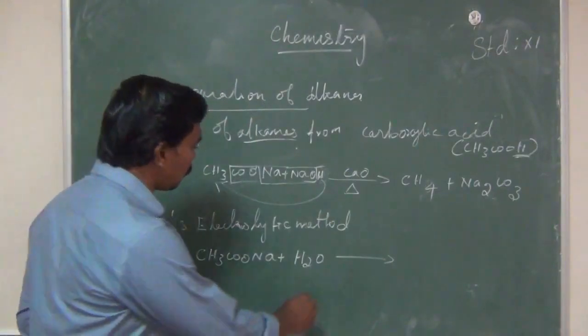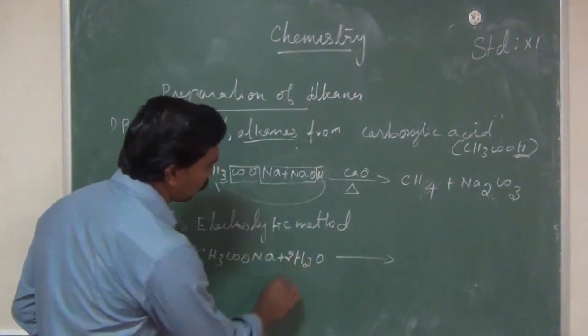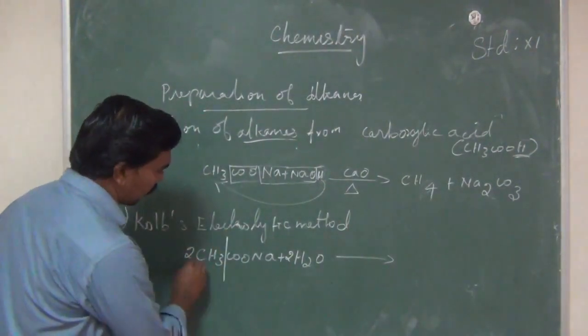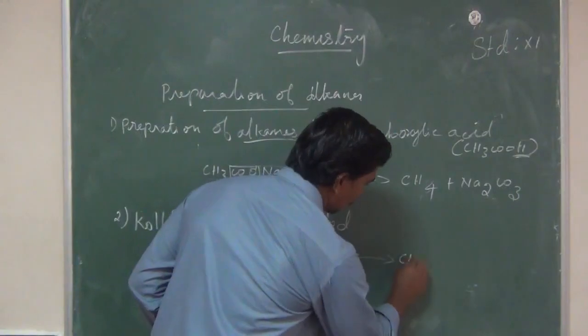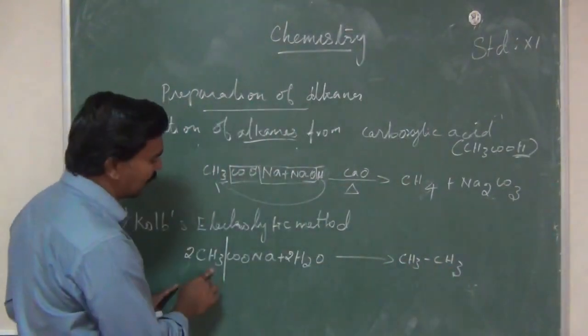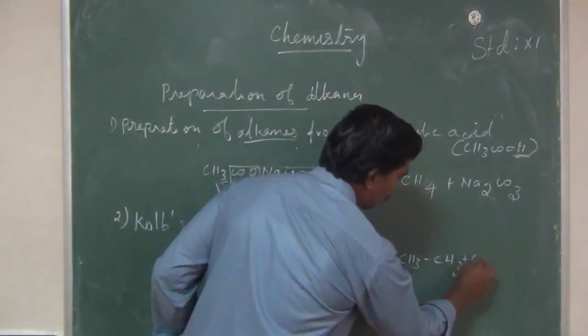The 2 sodium acetate and 2 water molecules give CH3, single bond, CH3. This is the ethane.